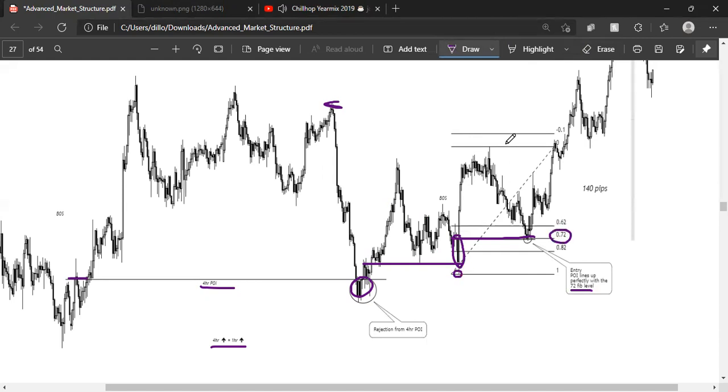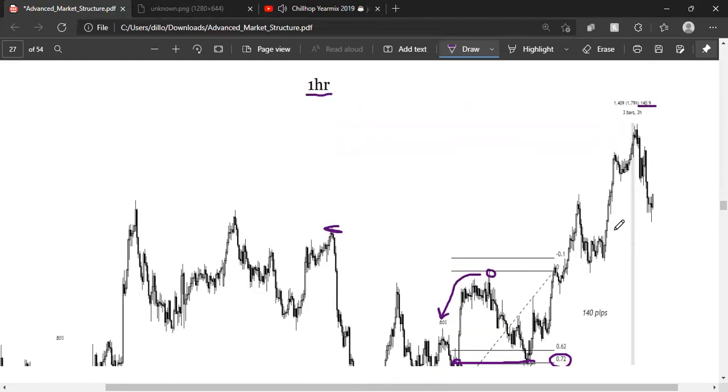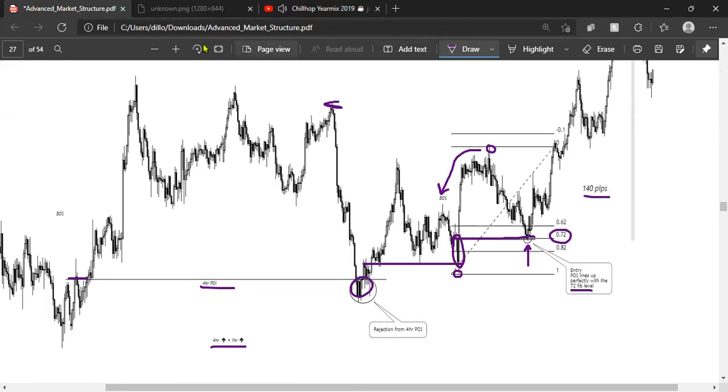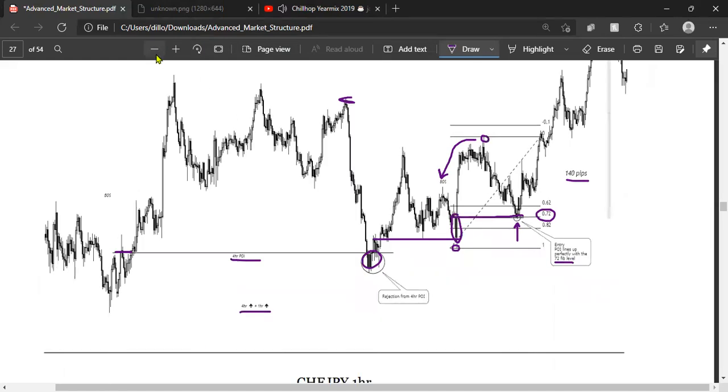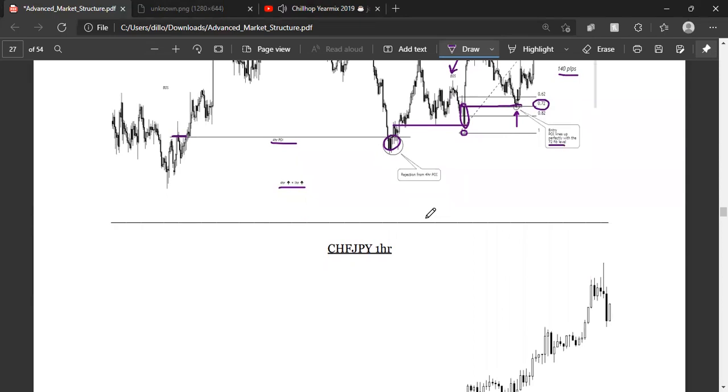So fib from the low to the high here, because this is the high that broke structure, right? So entries right here at the 72 right off of this last down candle, and we get 140 pip trade off of that setup. So that's a beautiful setup.